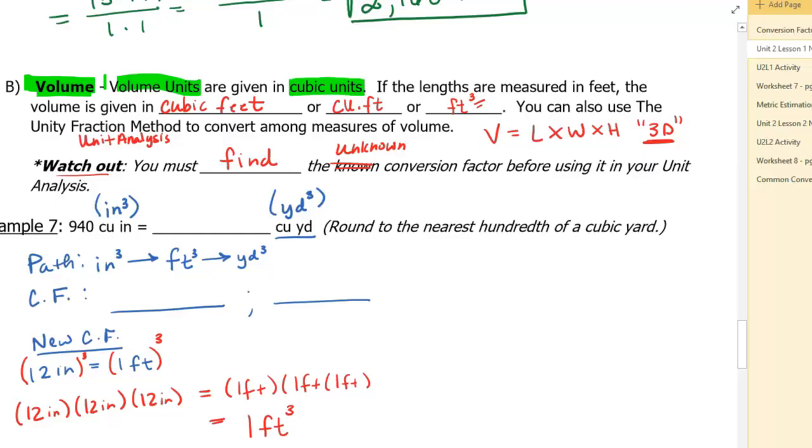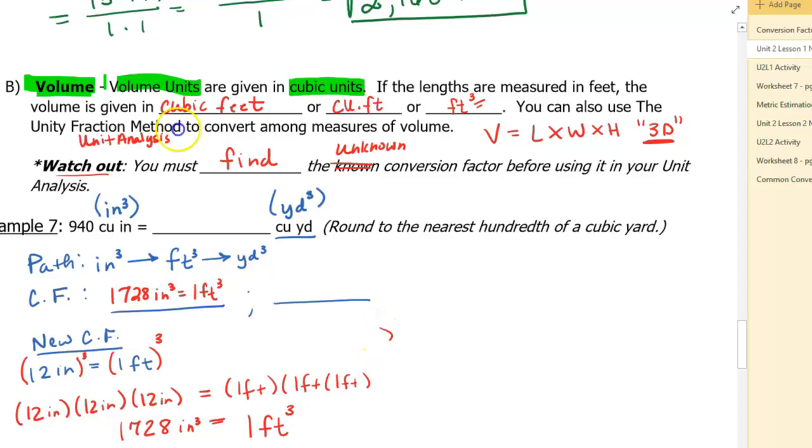But 12 times 12 times 12 is actually 1,728, and that's cubic inches. So that's one conversion factor: 1,728 cubic inches is equal to 1 cubic foot.